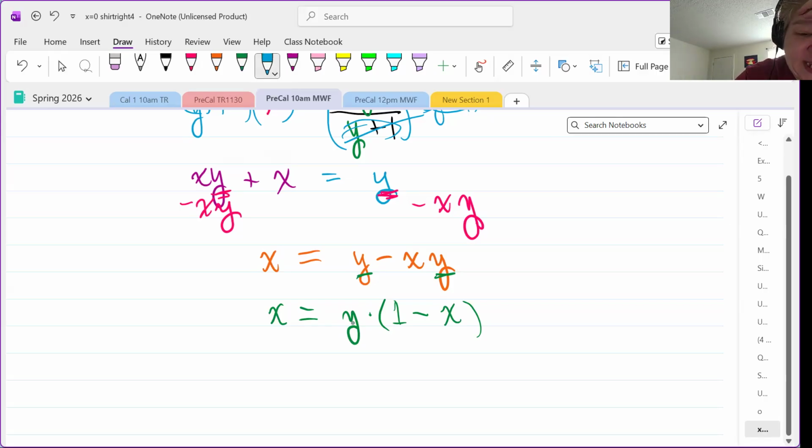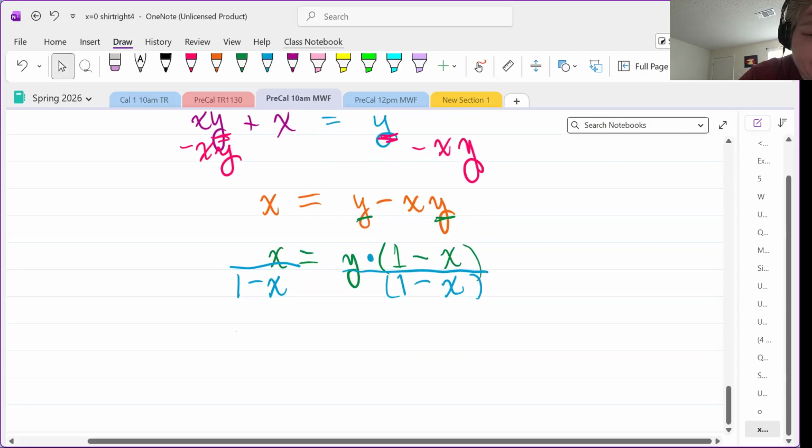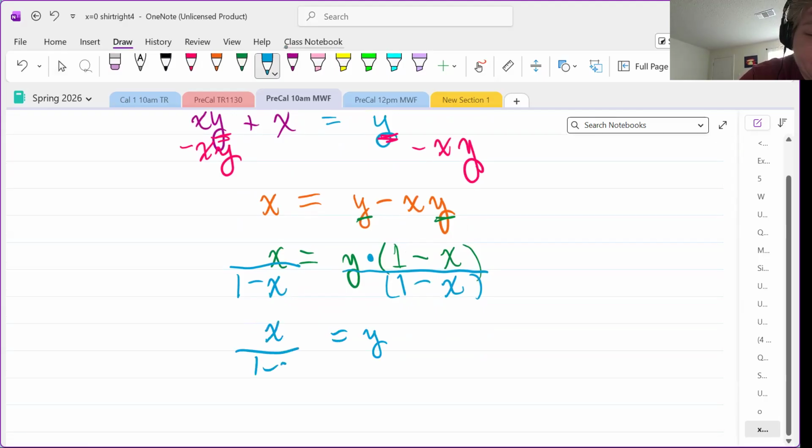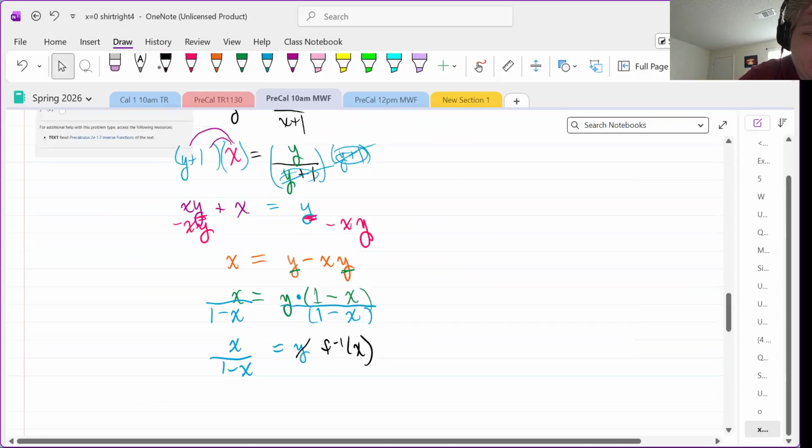Now my goal is to keep y by itself. So I need to get rid of multiplying by something. And I do that by dividing. And I'm going to divide by the thing that I don't want to keep. Then once y is by itself, I could trade it out for f inverse of x.